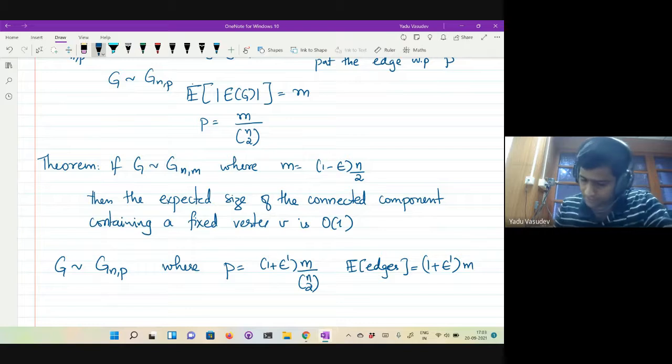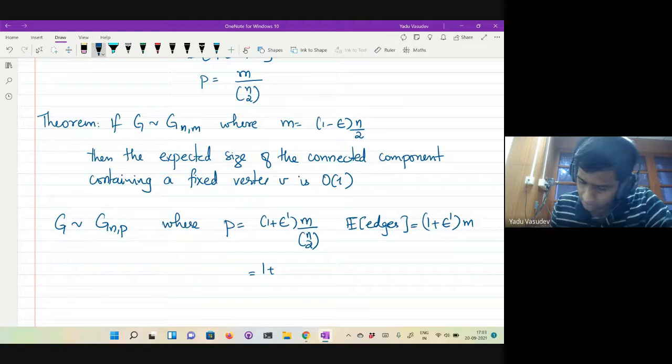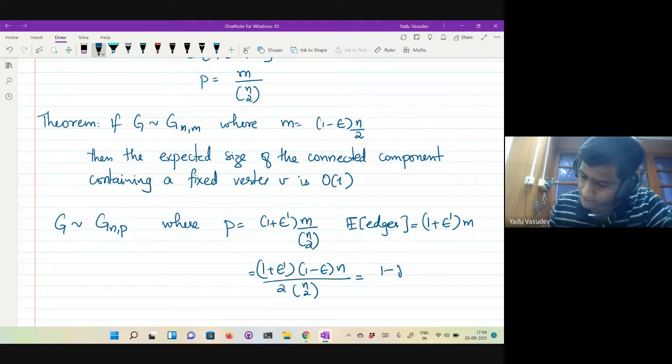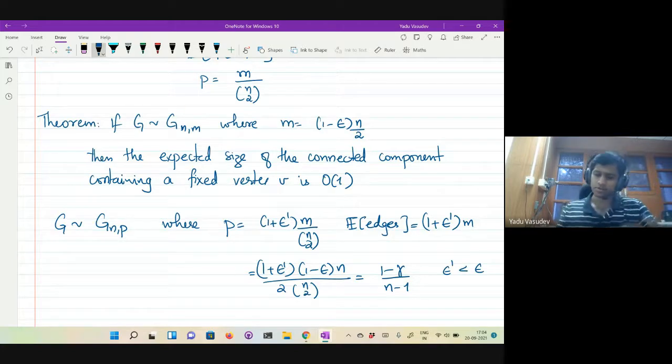So if you take this value, for our fixed value, when M is (1 minus epsilon) n over 2, this is something like (1 plus epsilon prime) times (1 minus epsilon) n divided by 2 times n choose 2. So you can write it as something like (1 minus gamma) by (n minus 1). We'll take epsilon prime to be some constant less than epsilon. So M is known to us, M is (1 minus epsilon) n over 2.